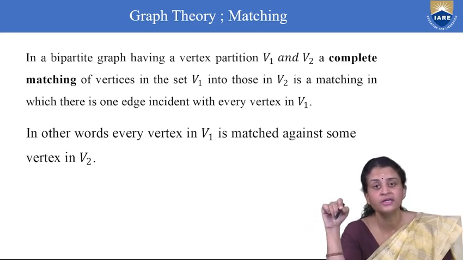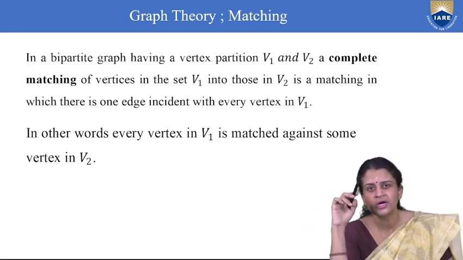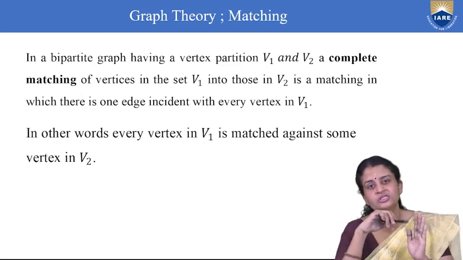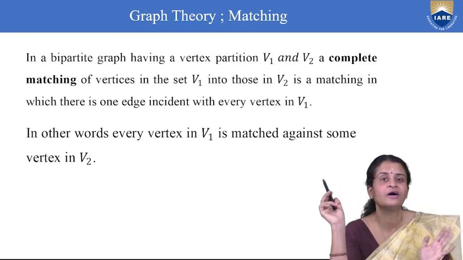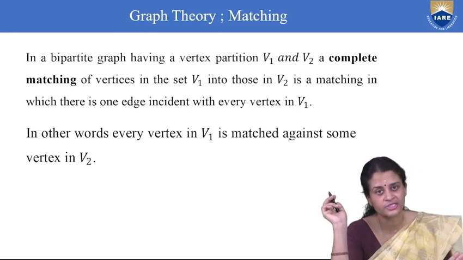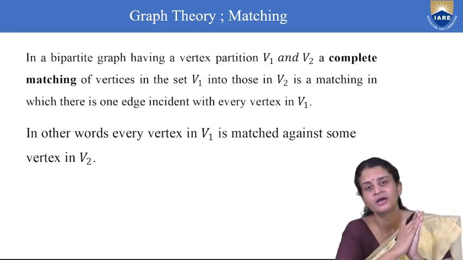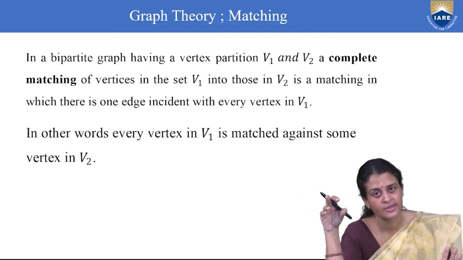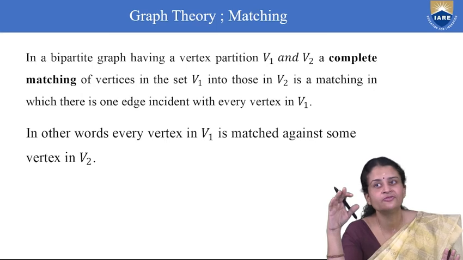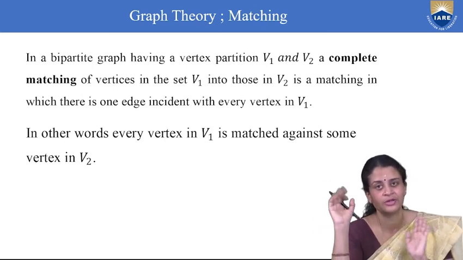Then we call it a complete matching. So every element is matched from one side to the other side. It is familiar, like our function: every element in the first side is matched to some element in the second side.